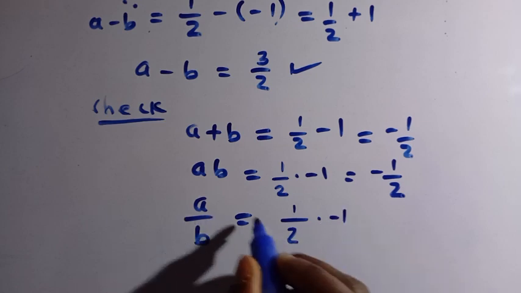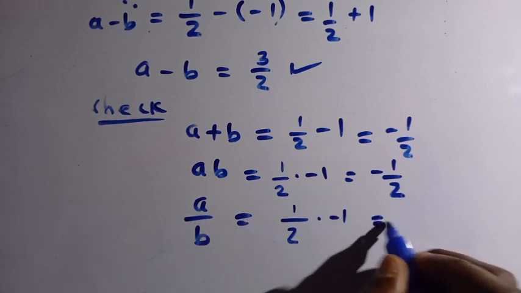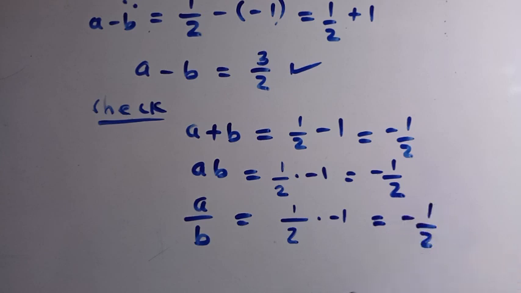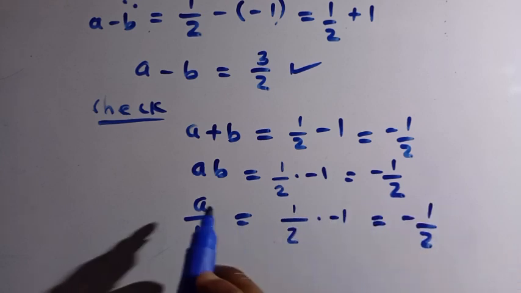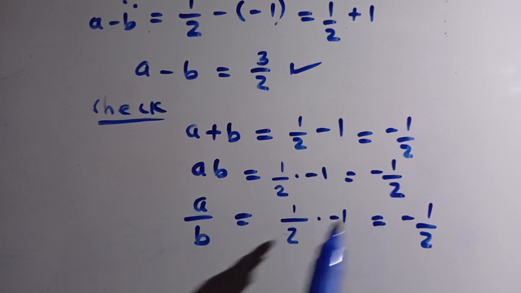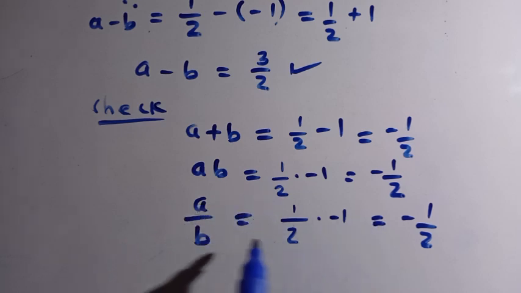So this is division, and here we have minus 1 over 2. So we can see that everything here is equal. A plus b is minus 1 over 2 when we substitute the values of a and b, followed by ab, followed by a divided by b. Everything is correct, which shows that the values we got for a and b are satisfied.